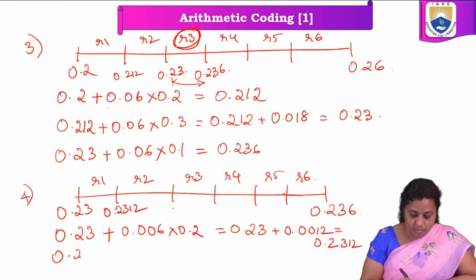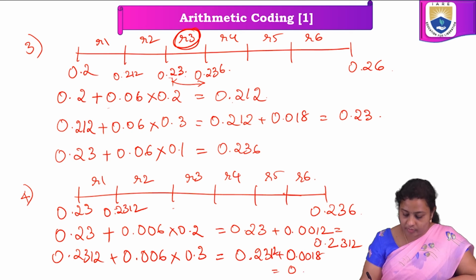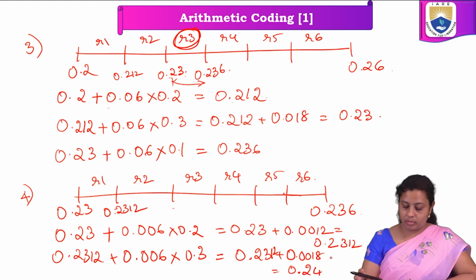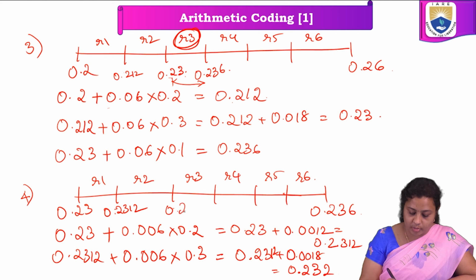Next is 0.2312 plus 0.006 into 0.3, which is 0.0018, and I get 0.233. Continuing, I get the values as 0.235.